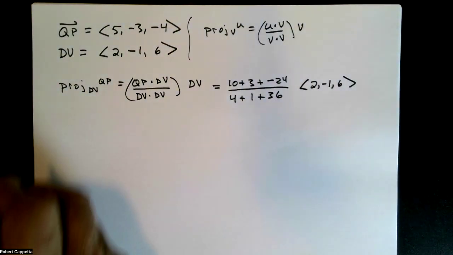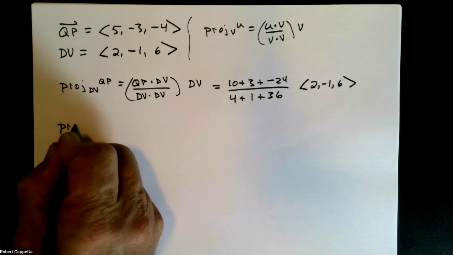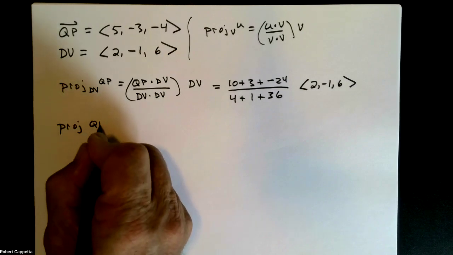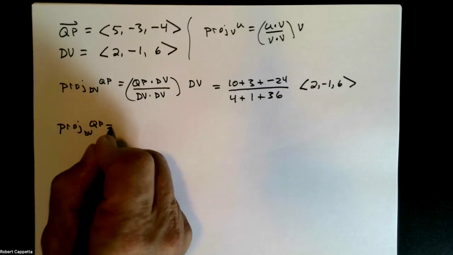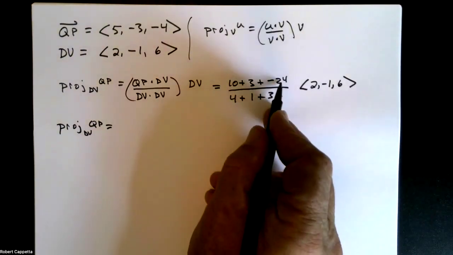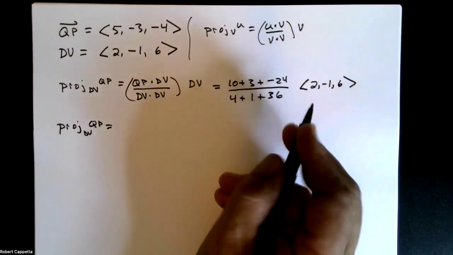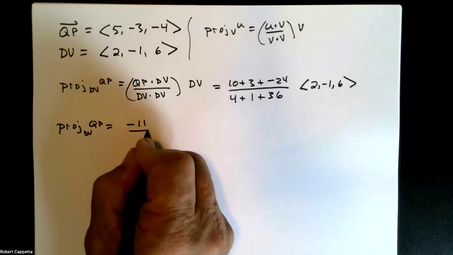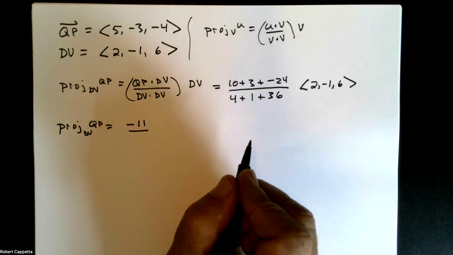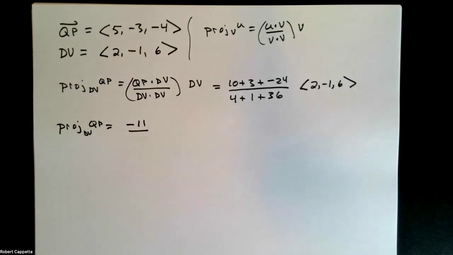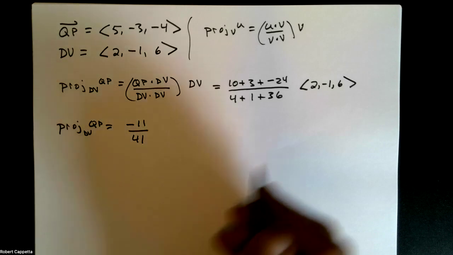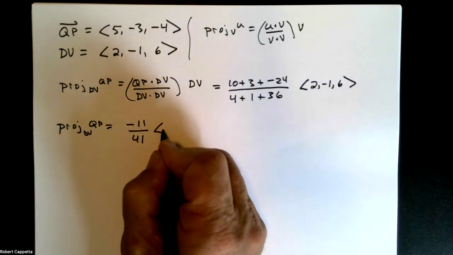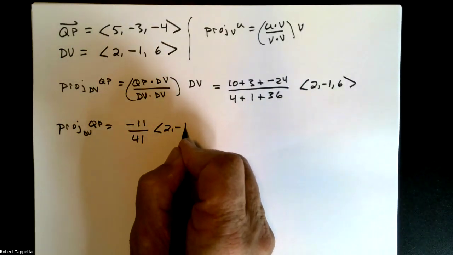So our projection of QP onto dV is 13 minus 24, so -11 over 41, times the direction vector (2, -1, 6).